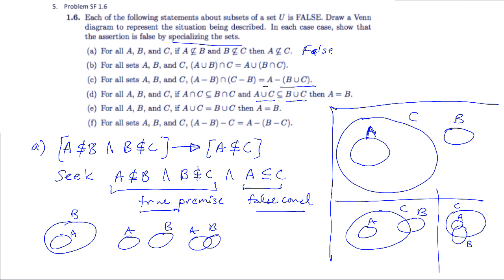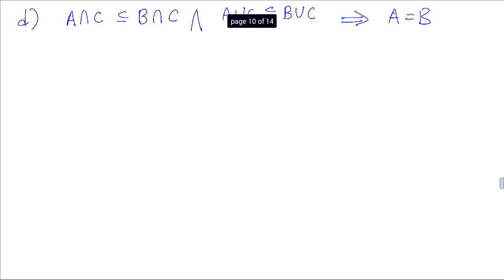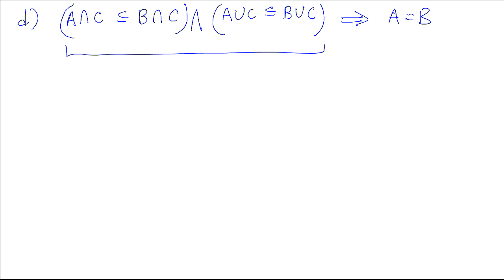Okay, so this is an if-then statement. And in order to prove an if-then statement false, we need to show that we can come up with a situation where the premise is true and the conclusion's false. So let's try to come up with a situation where the premise is true.